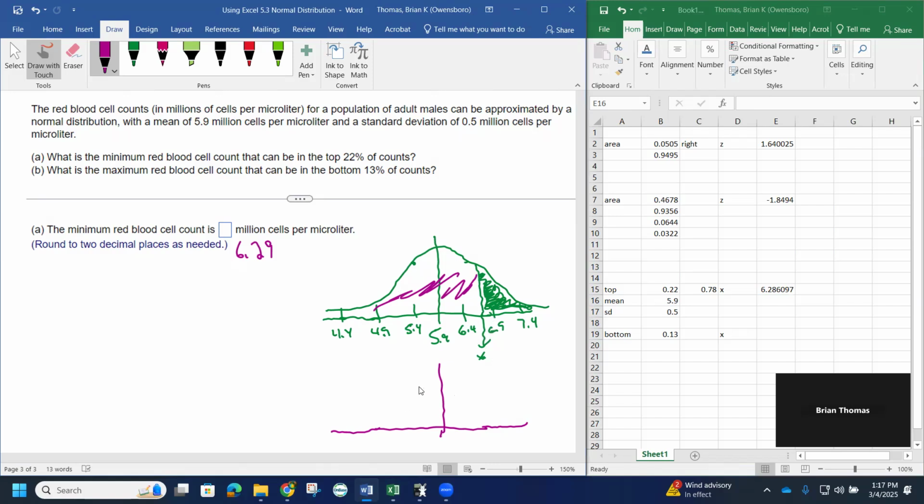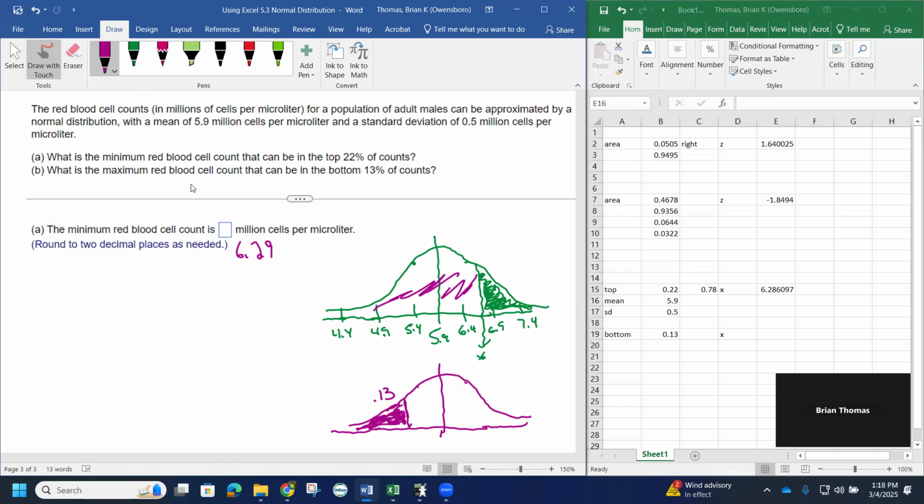So let's just draw the normal distribution curve and not get into all the numbers. This time it says the bottom 13%, which means the area under the curve is to the left of this 13%. So this 13% is going to be here, and it's going to be our highest value.